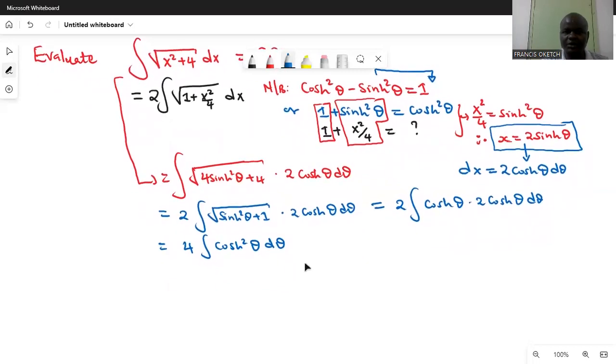So take note that we are going to write that NB, we said cos hyperbolic of 2 theta is the same as cos hyperbolic squared theta plus sine hyperbolic squared theta.